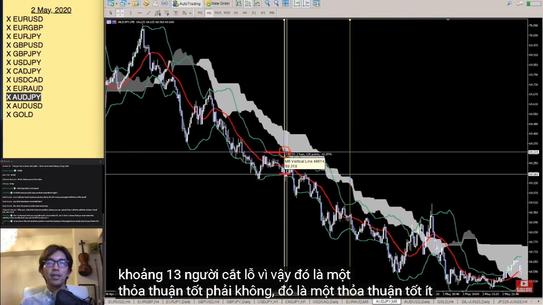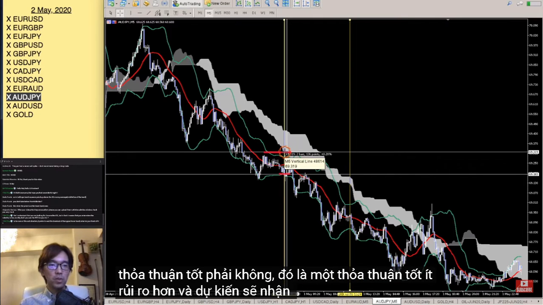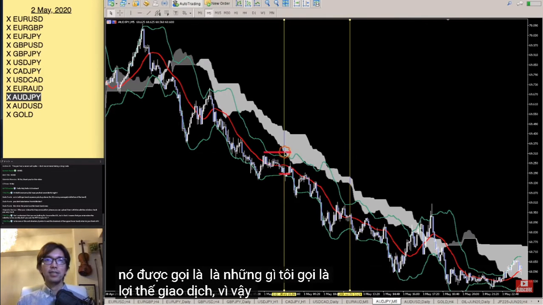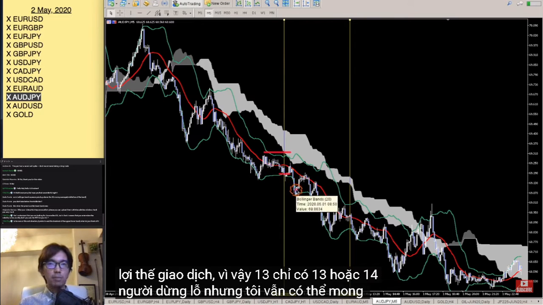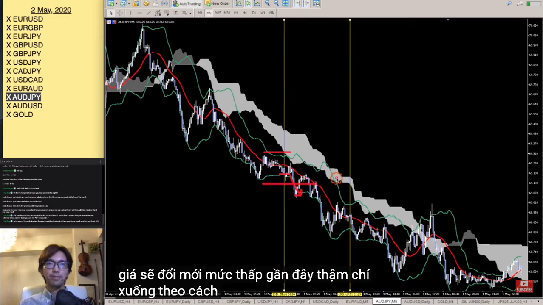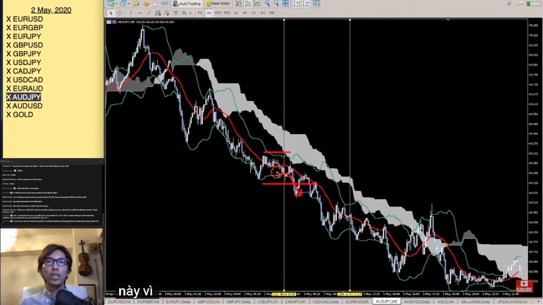Less risk and bigger reward is expected. So this is what I call trading edge. So only 13 or 14 pips of stop loss, but still I can expect the price to renew the recent low even downwards this way. So this one, I will take one, right?